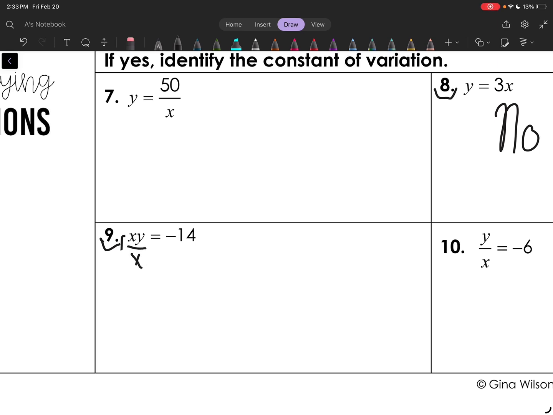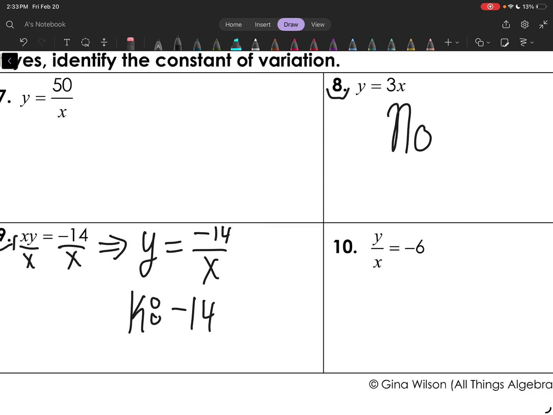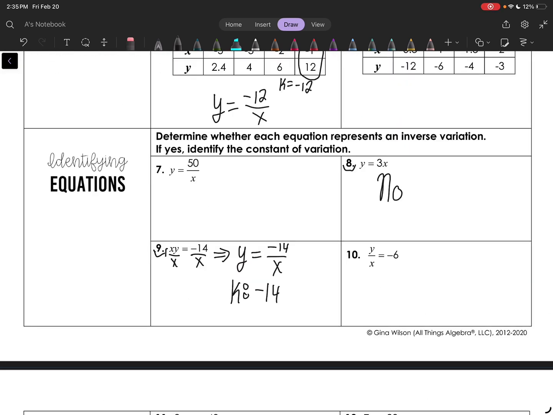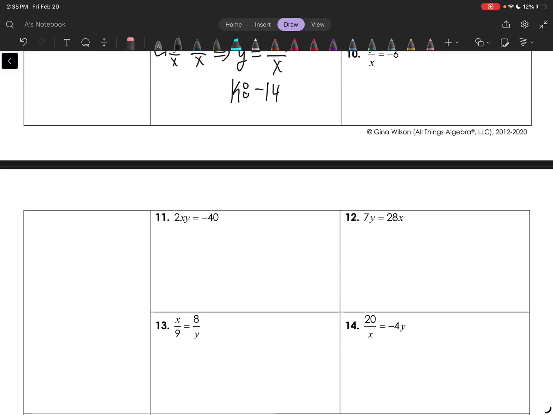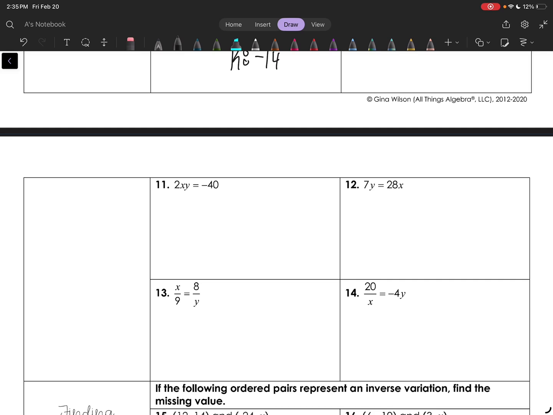I'm going to solve for y, divide by x. Y is equal to negative 14 over x. K is negative 14, and it's finished. Go ahead and try numbers 7, 10, 11, 12, 13, and 14.